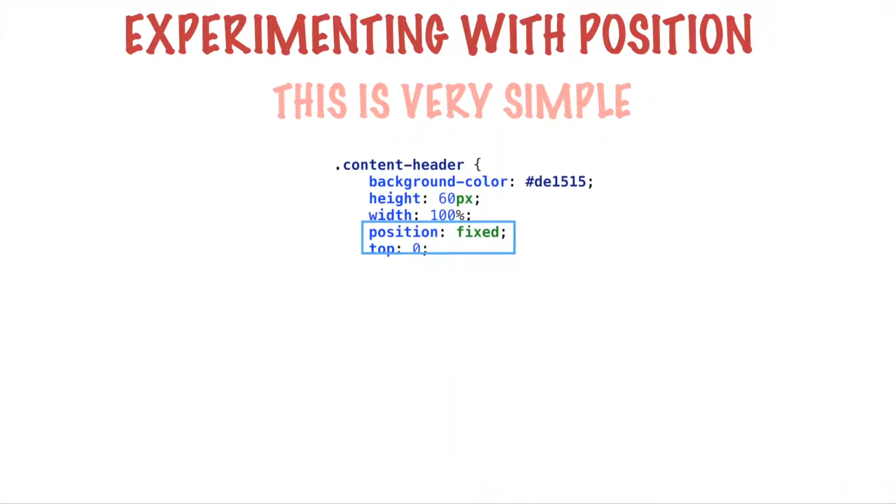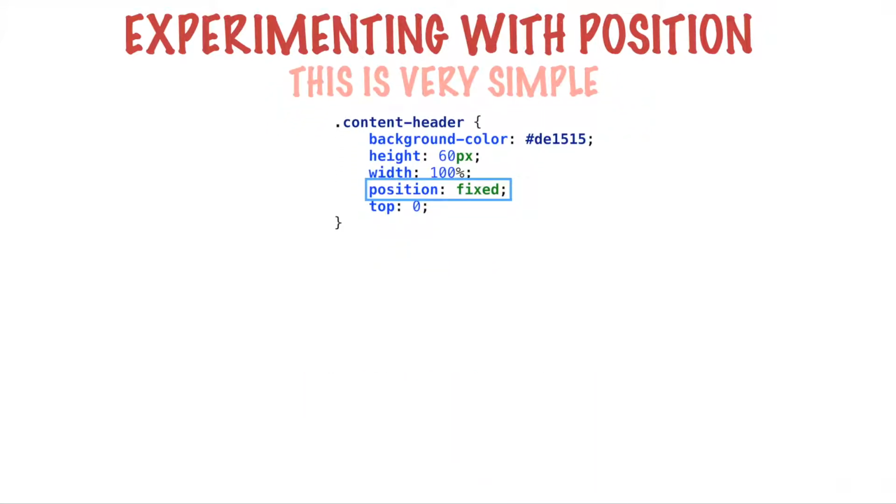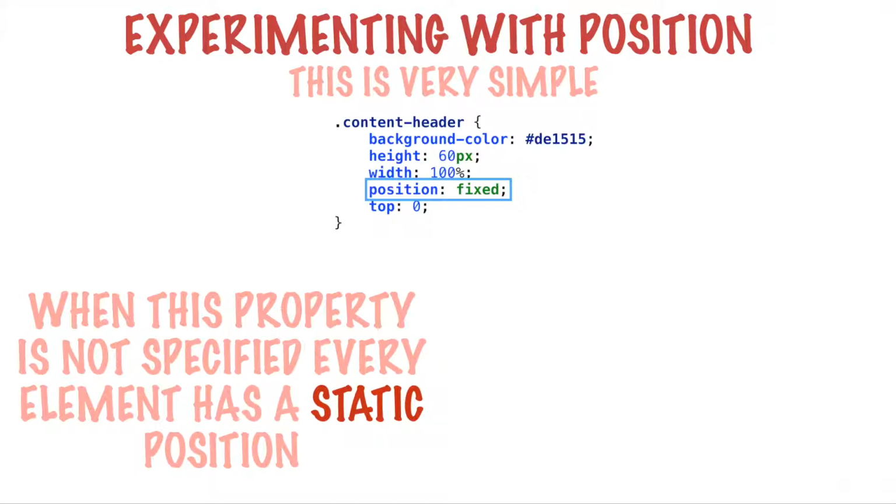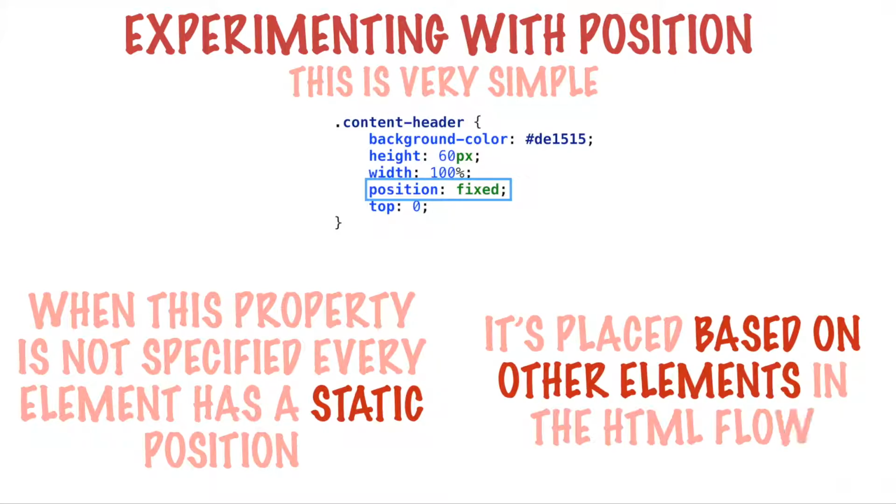Every element has a default value for the position property in CSS. The default value for every element is called static. When you don't specify the position property in CSS for an element, the default value that it assumes is static. Position: static basically means place me as per the HTML rendering.